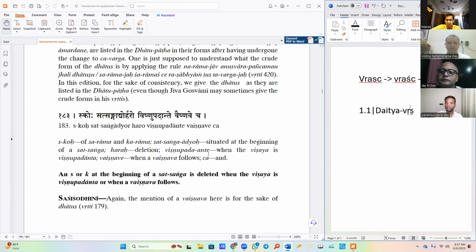So we delete the Sarama. If a satsanga is situated at the end of Vishnupada, and if that satsanga has Sa or Ka at the beginning as the first letter, then that would be deleted. So we deleted the Sa.